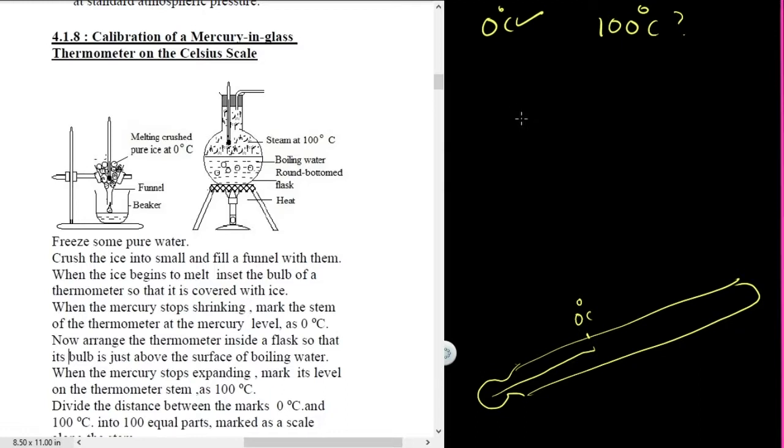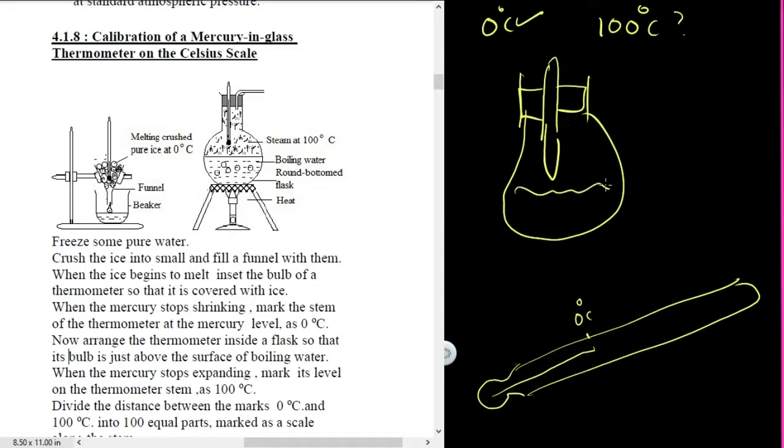Now, what will happen when we put the thermometer inside the flask? The mercury will start to expand, so it will rise upward until a certain point, where it will stop expanding.